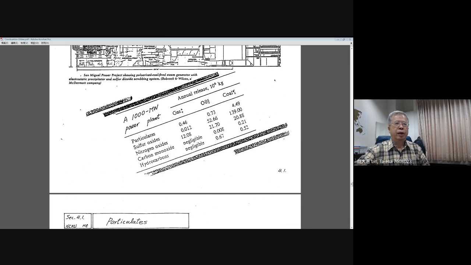When you burn the oil, the temperature is also high, so it has high thermal NOx, and usually the oil has a certain amount of nitrogen in the fuel itself. Therefore, when you burn liquid fuels, you may have the largest NOx emissions compared with burning natural gas or coal.